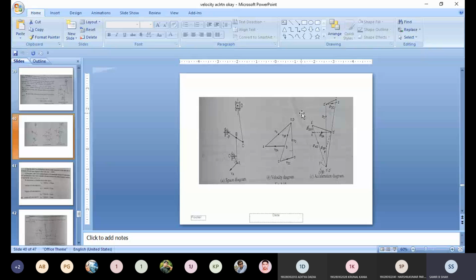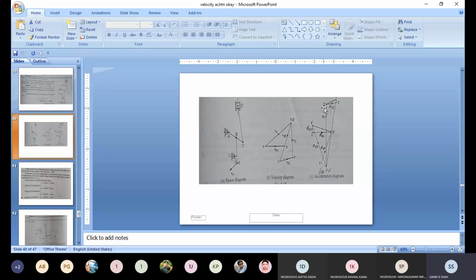From point O dash, draw vector O dash D dash parallel to the path of D. We have to take it parallel to this path from O, and it may intersect at D dash.